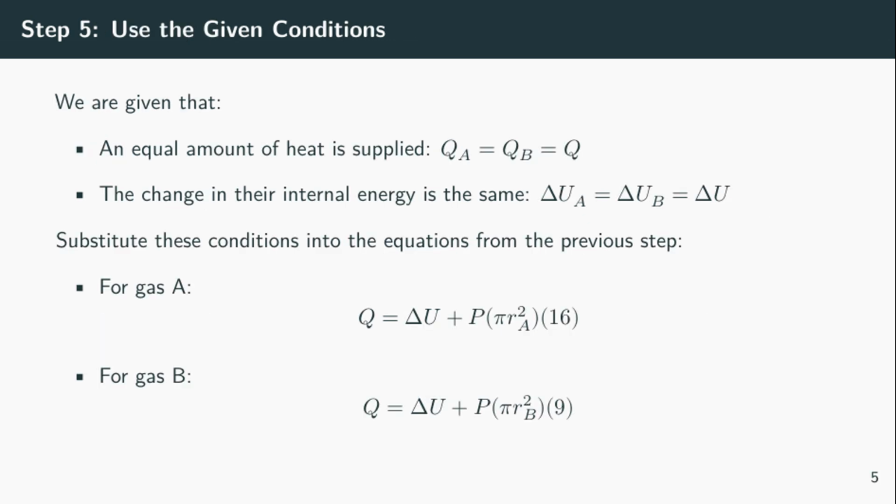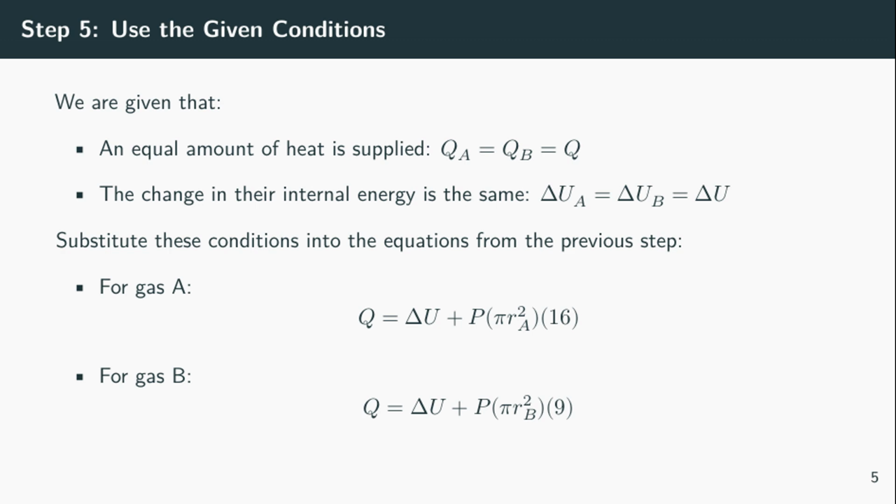Now we use the specific conditions given in the problem. We were told that an equal amount of heat is supplied to both systems, so QA equals QB. Let's just call this value Q. We were also told that the change in their internal energy is the same, so delta UA equals delta UB. Let's call this value delta U. Substituting these into our equations from the last step, for gas A we have Q equals delta U plus P times pi times Ra squared times 16.